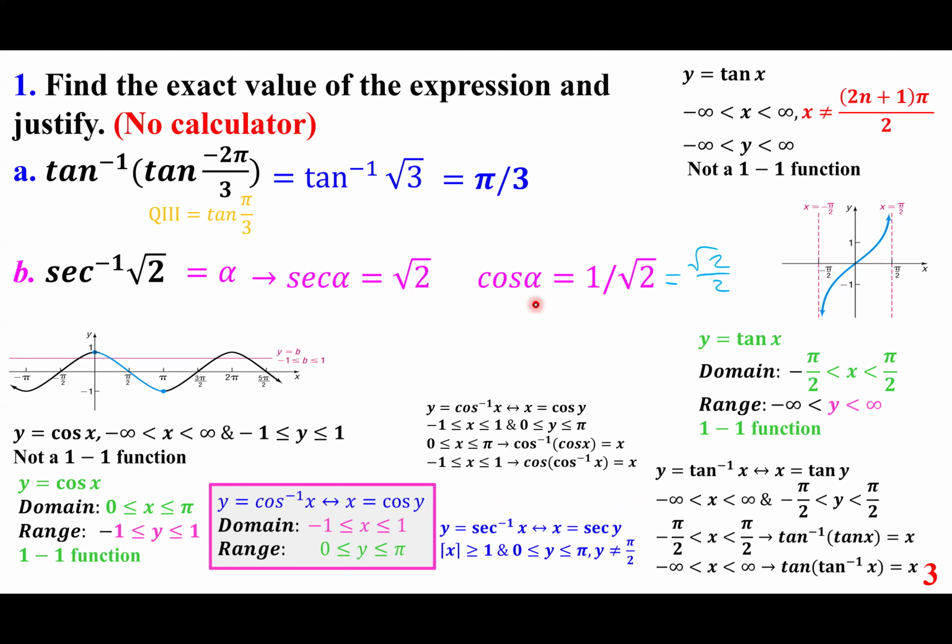It's a common arc. Alpha is pi over 4. So that's pretty straightforward.